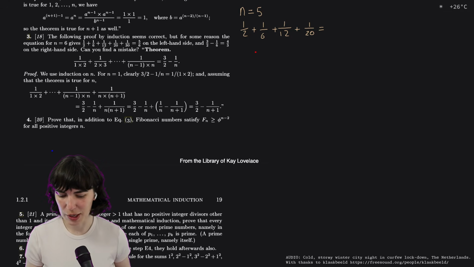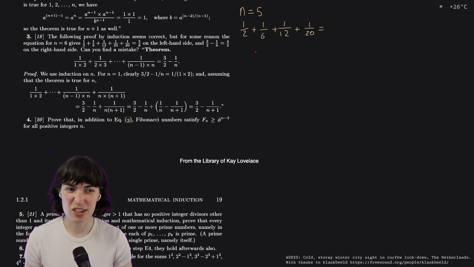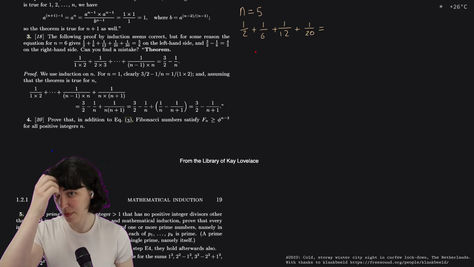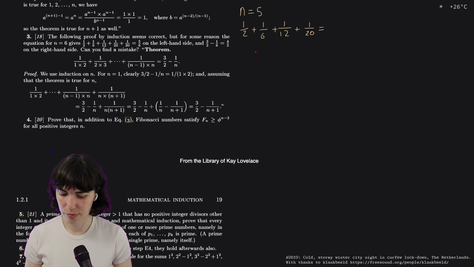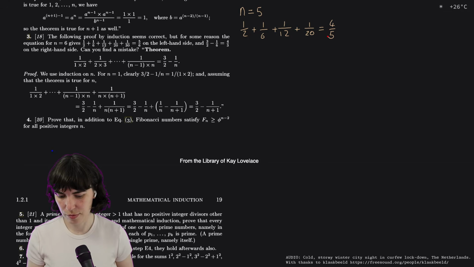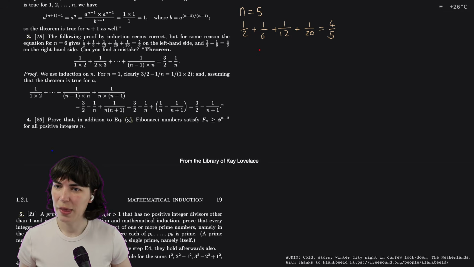Now that comes out to be 0.8. What's that in 20ths? Well, that's 4/5. Probably. Yeah, so let's say that.